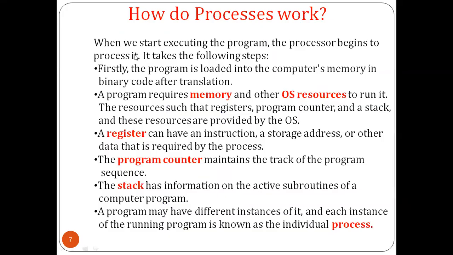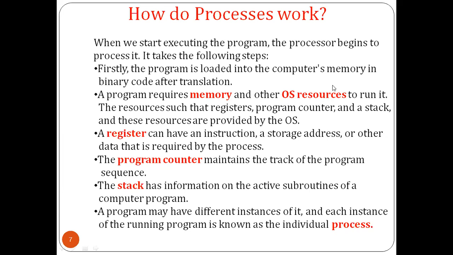Next, we can see how the process works. When we start executing the program, the processor begins to process the program using the following steps. First, the program will be loaded into the computer's memory in the form of binary code after the translation. A program requires memory for storing and other operating system resources to run.